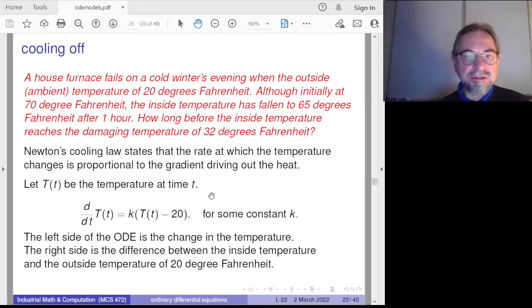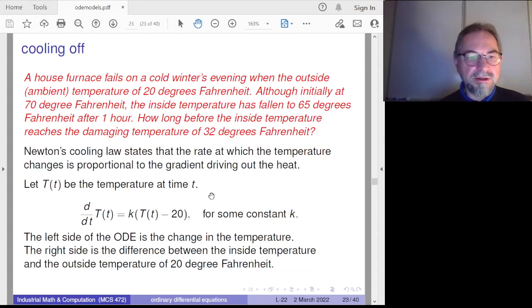So the change in temperature is proportional to the gradient that drives out the heat. So what is this gradient here? Well, we have the current temperature minus the outside temperature. The outside temperature remains fixed at 20 degrees, and our current temperature evolves.